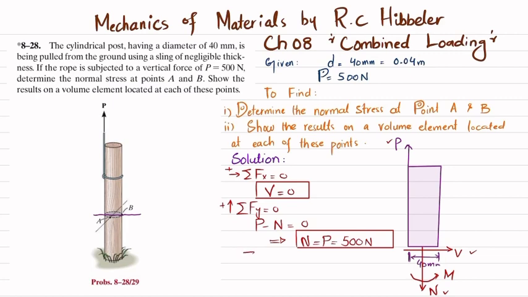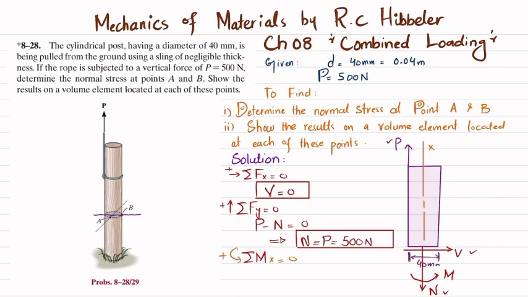So the sum of all moments about, let this be the axis, this is the vertical axis X. So the sum of all moments about X is equal to 0, and taking the counterclockwise moment as positive.